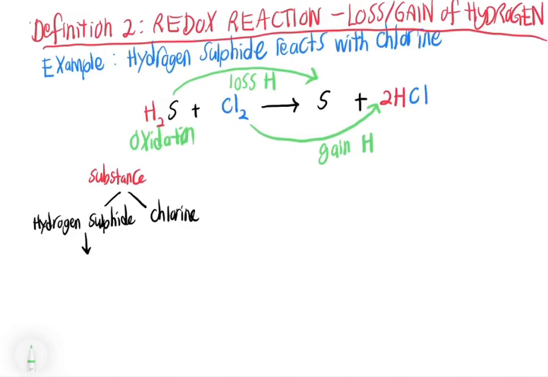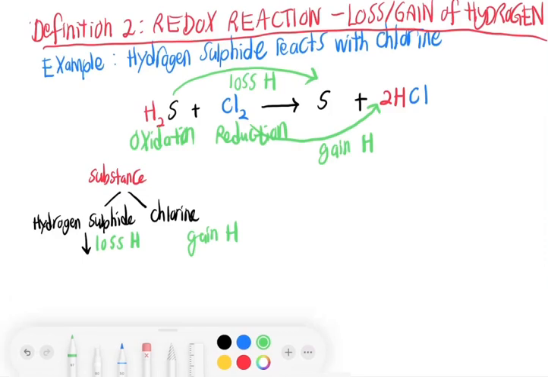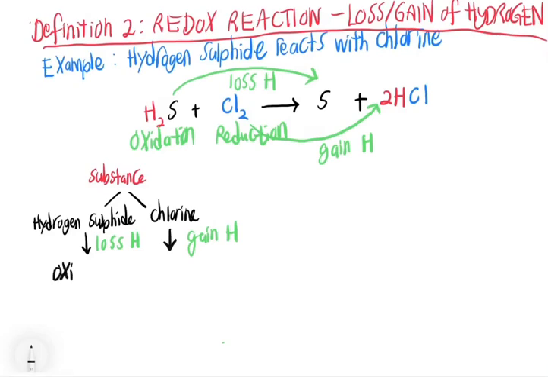Chlorine gains hydrogen, so chlorine undergoes reduction. So hydrogen sulfide undergoes oxidation, chlorine undergoes reduction.